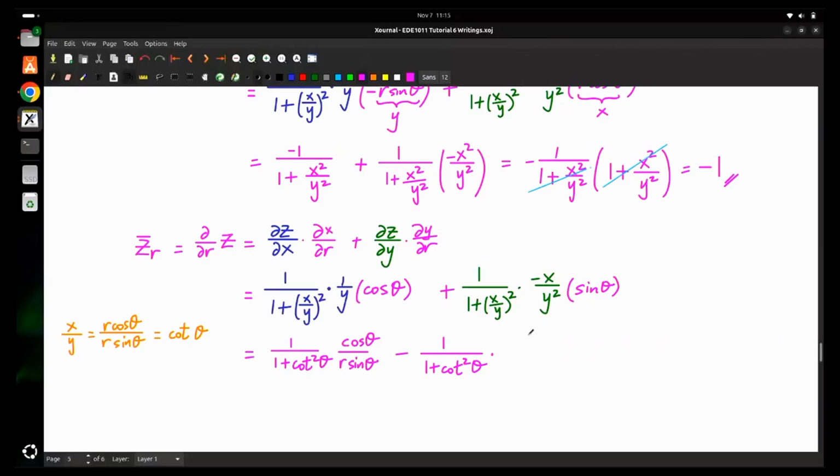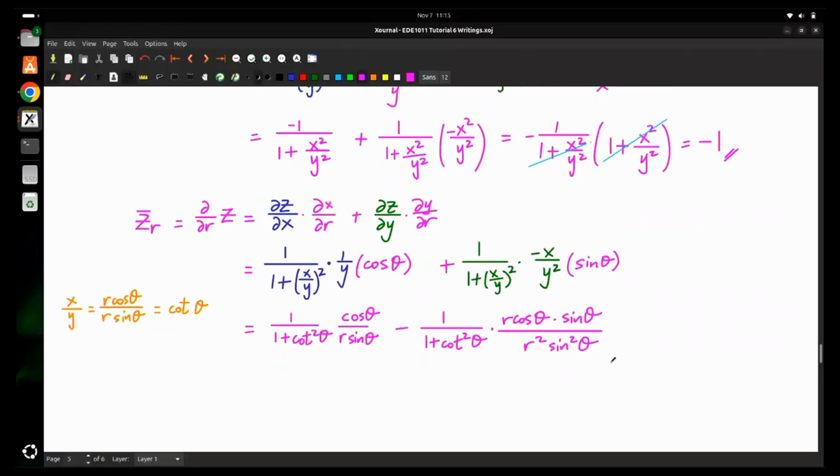So then this part, x will be r cos theta, then there's a sine theta here, times sine theta, then divided by y square, which is r square sine square theta. So you can cancel off terms and you can see that they will cancel directly. Because this is an r, cancel. Then there's a square here, so cancel the square, become power 1. Same thing goes for the sine.